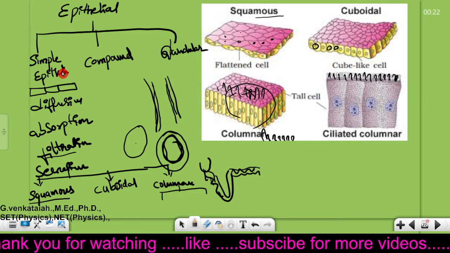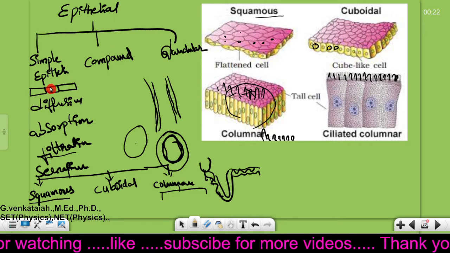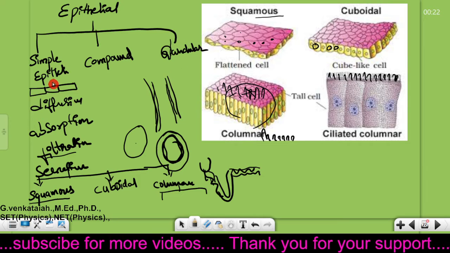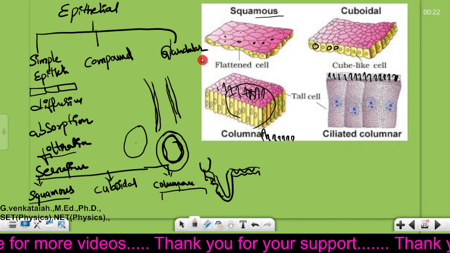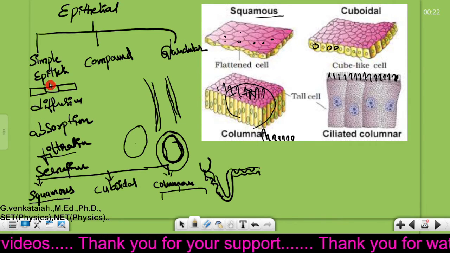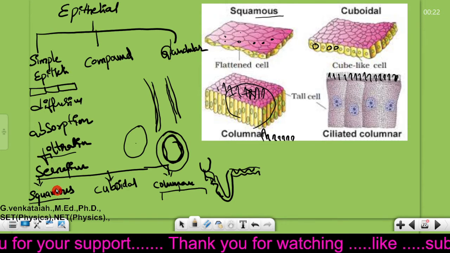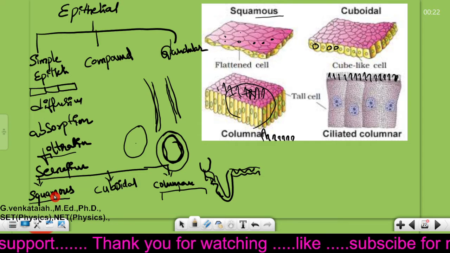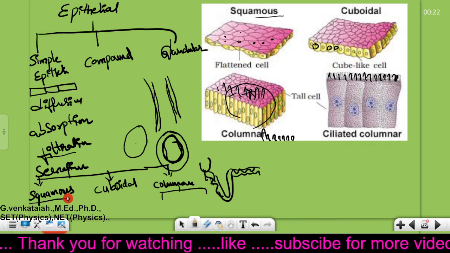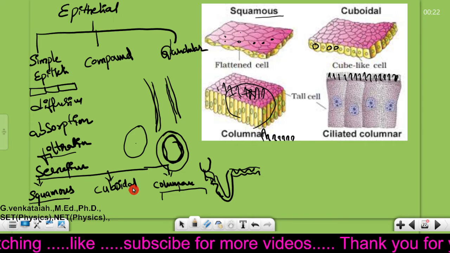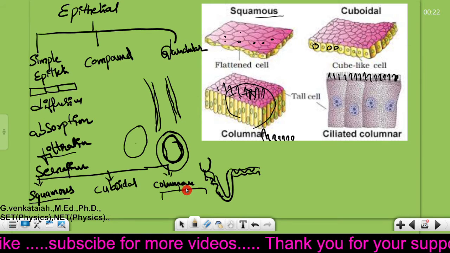So epithelial tissue, depending upon structure, shape and function, has how many types? Simple, compound, and glandular. Simple epithelium, depending upon the shape of the cells, is classified into squamous, cuboidal, and columnar epithelium.